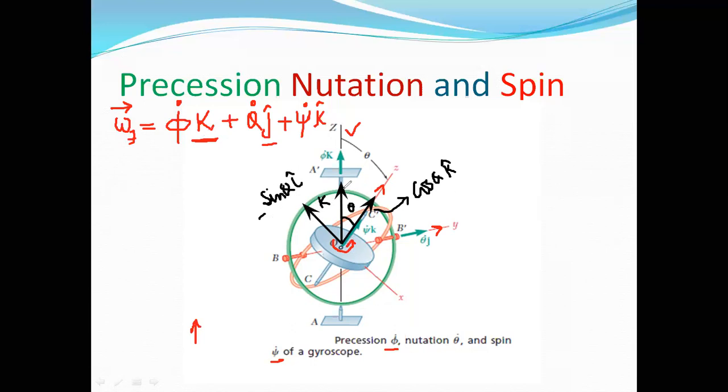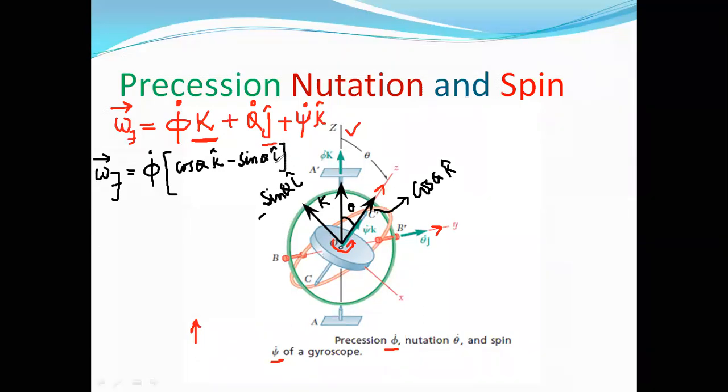Therefore, substituting the values of these K components in this equation, we will get the angular velocity with respect to the ground. This can be written now as phi dot, and in place of K, we'll write its two components: cos theta small k cap, minus sine theta i cap.